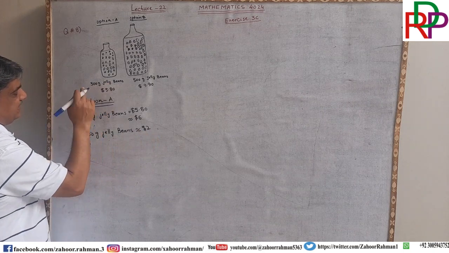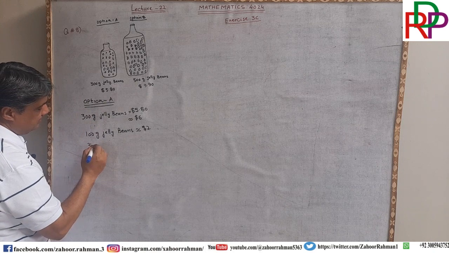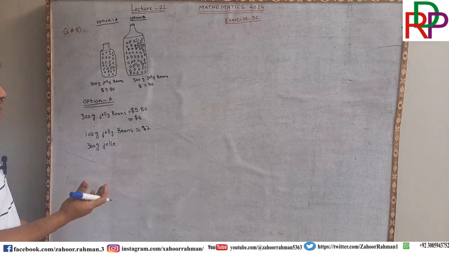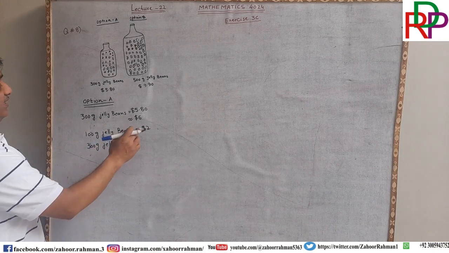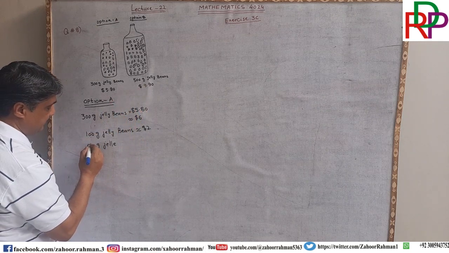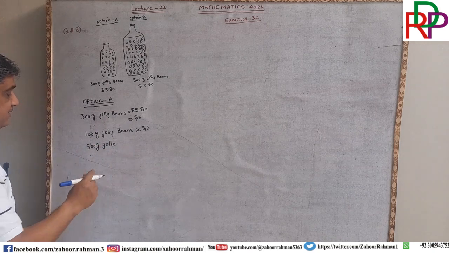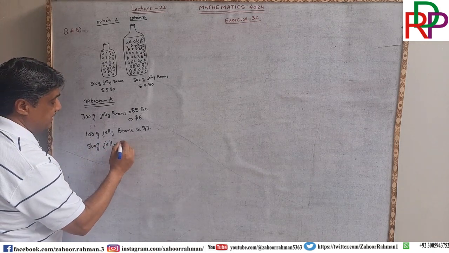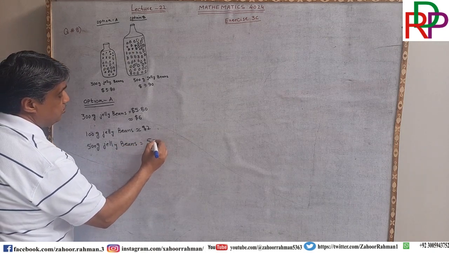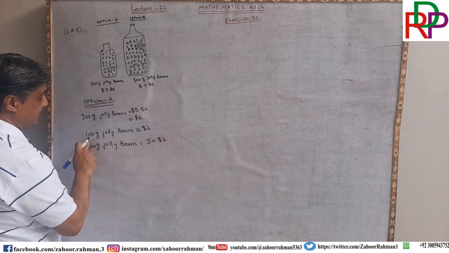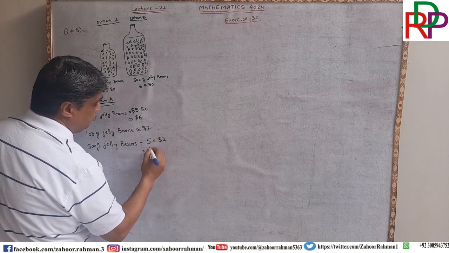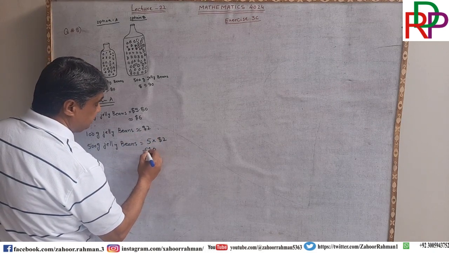And because we are estimating 300 gram jelly, we are estimating 500. Let us compare that with the 500 gram jelly beans will be equal to 5 into $2. 100 is $2, so 500 will be equal to $10.